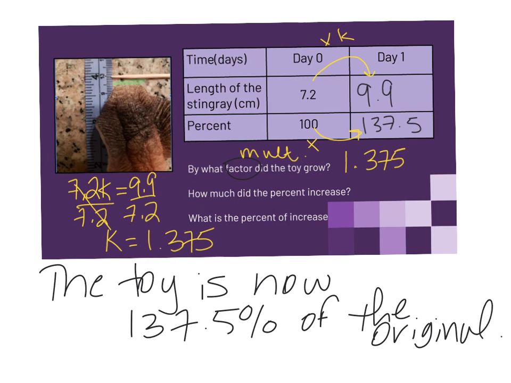Okay, so then how much did the percent increase? What is the percent of increase? Well, I started at 100%, and now I'm at 137.5%. That's a difference of 37.5.